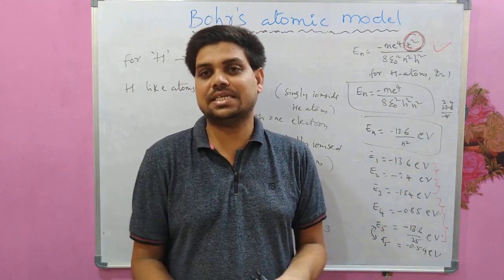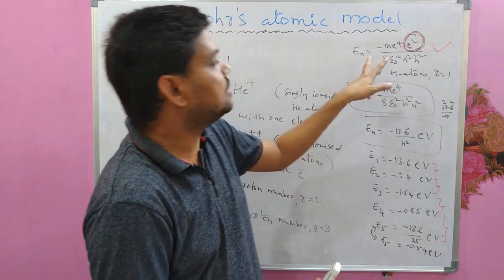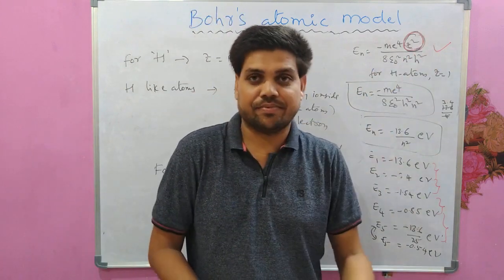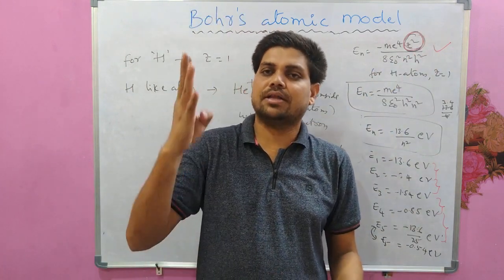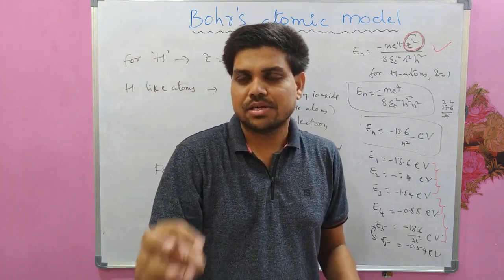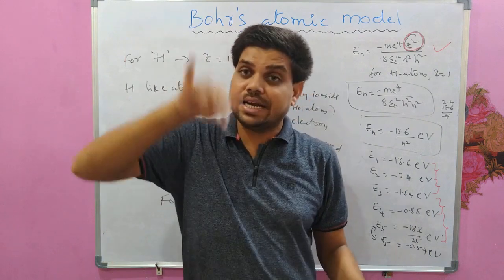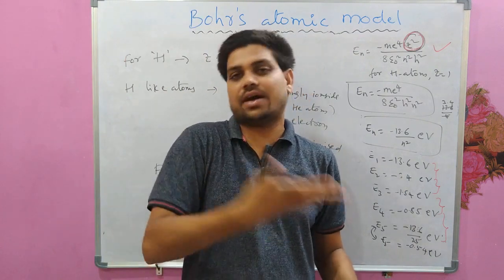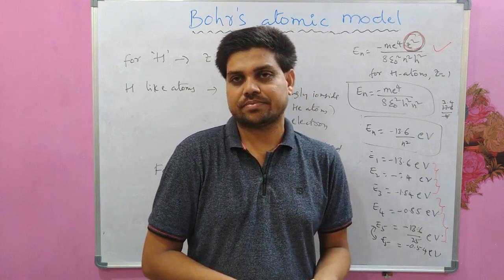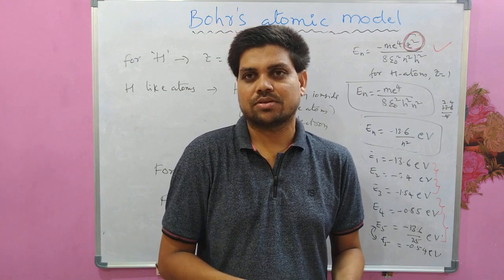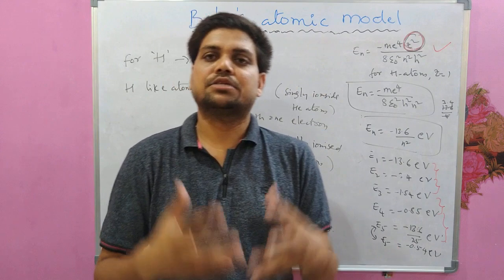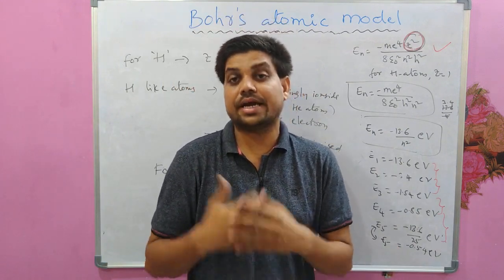The positive charge is increasing, and hence the energy values will change according to the value of Z. That is why you have to remember the formula for Rn, formula for Vn, formula for En, so that how they are depending on Z and N value. If N increases, what happens? If Z increases, what happens? That we can analyze. So this is how the Bohr atomic model could explain the spectral series of hydrogen atom and hydrogen-like atoms.